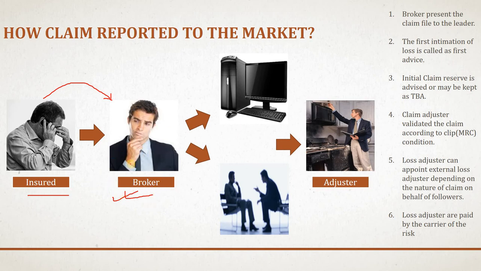Then the broker will assimilate all the claim details, and then either log the claim into the electronic system, which is called the ECF, or, to some extent for a larger and complex claim, the broker will discuss face to face with the underwriter about the complexity of the claim.